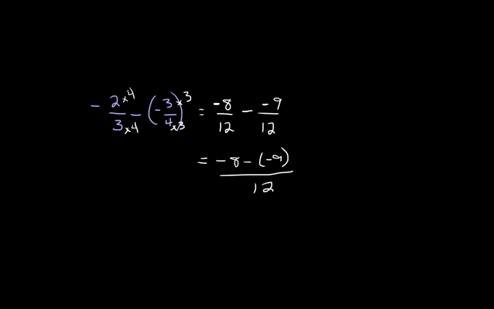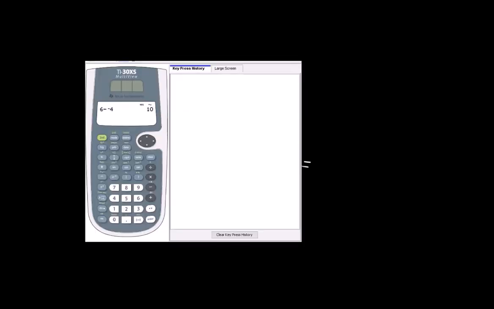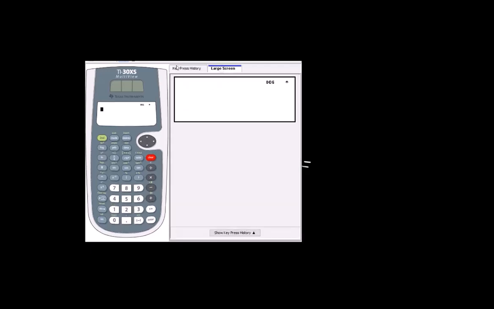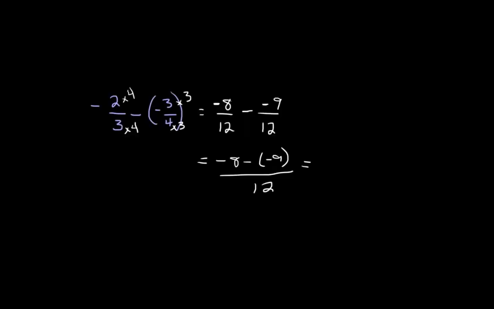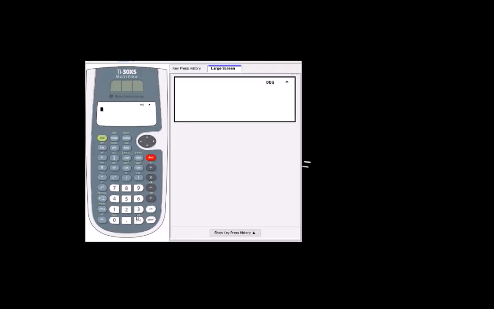Remember, we put the negative inside parentheses because that tells us that it's not a second minus sign, that it is a negative number. So we can go ahead and put that in our calculator. We're going to have negative 8 minus negative 9. So pulling up my calculator, clearing whatever's in it, we're going to put in negative 8 minus negative 9.